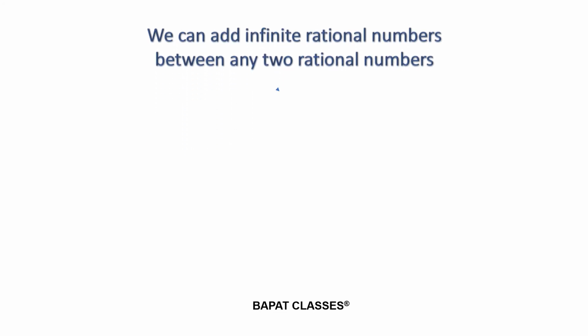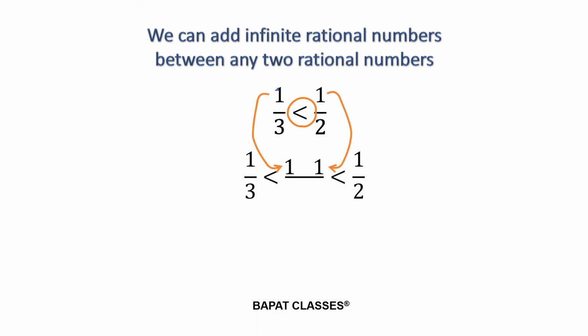We can insert infinite rational numbers between any two rational numbers. Consider two rational numbers 1 by 3 and 1 by 2. Here, 1 by 3 is less than 1 by 2. Now we'll add one rational number between 1 by 3 and 1 by 2. First add the terms in the numerators of the fractions, 1 and 1.